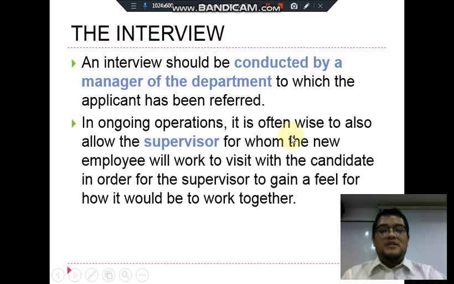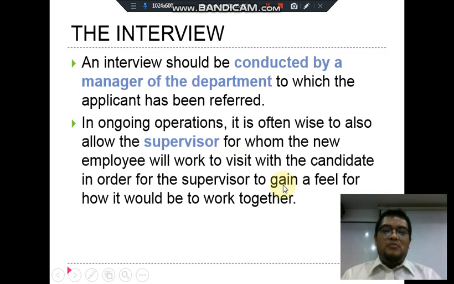However, it is often wise and advisable that you also bring in the supervisor. The manager will bring along the supervisor during the interview for the selection process, so that they will gain a feel on how to work together.